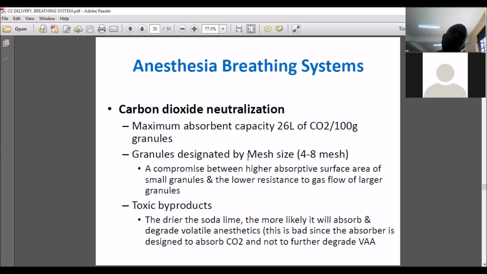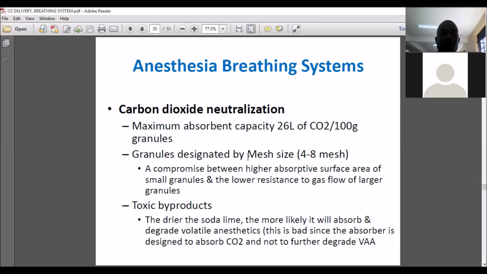The small granules have a higher resistance, but they absorb all the carbon dioxide. So it depends. For a kid, you can put the large ones; for the young and the old, you put the small ones. Adults are not so much affected by resistance as the children. So you can interchange.